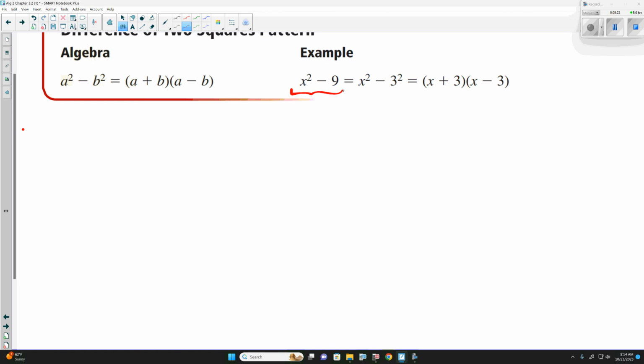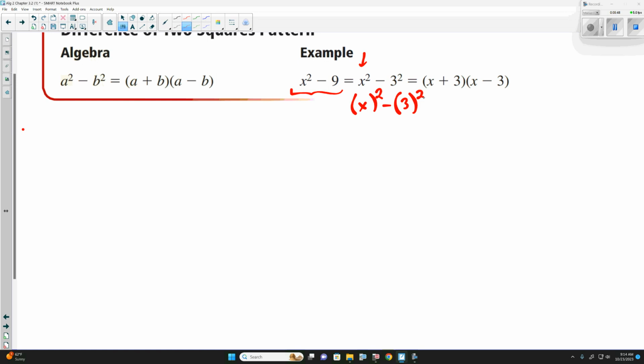Now what they did in that second step next to it is they rewrote it as what each term being squared is in terms of a and b. What times itself is x squared? Well, x, because x times x is x squared. And really what we're saying is that we have x squared. And what times itself is 9? Well, 3. So we have 3 squared.